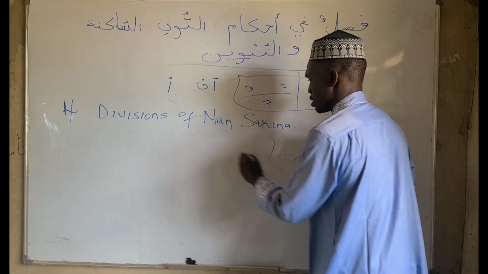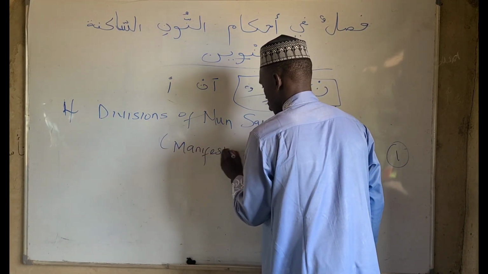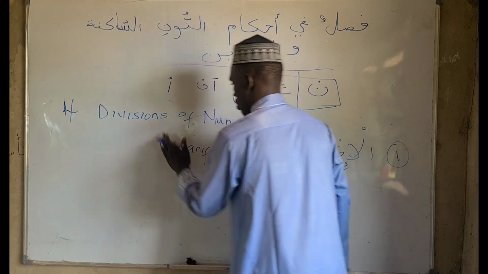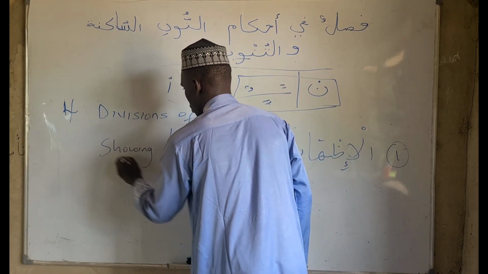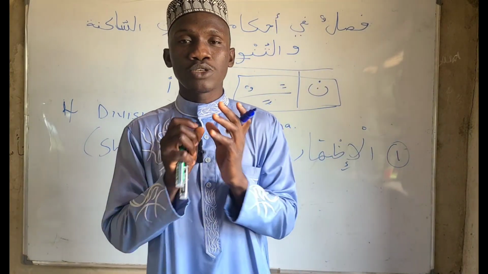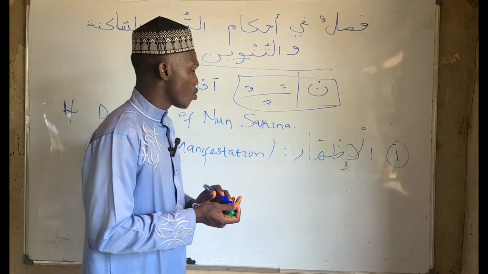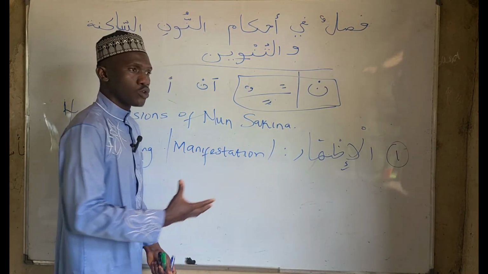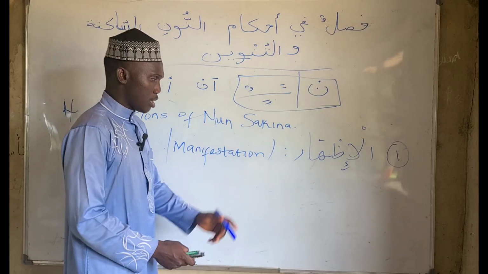Al-Izhar means manifestation or showing. In Arabic, Dhahara means something to be clear, explicit, to be seen very clearly. So Izhar means to show something, that there is something in this place. Let me give you an example.